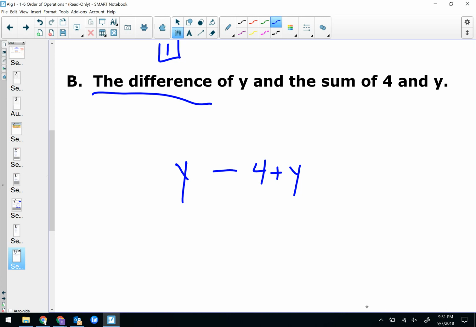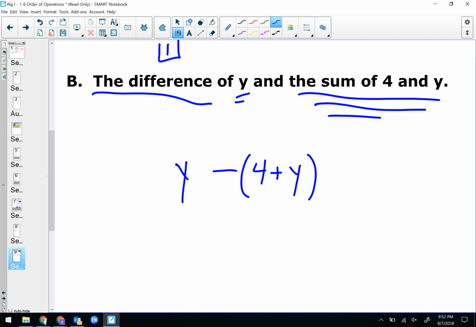I have two things that I'm going to subtract. I want to subtract y and the sum of 4 and y. It looks as though I want to finish this first before I start doing anything else. So I think I want to put that in parentheses.